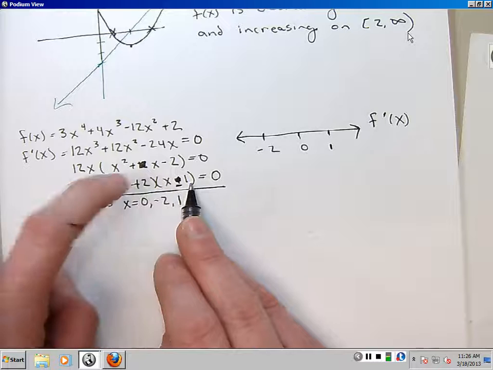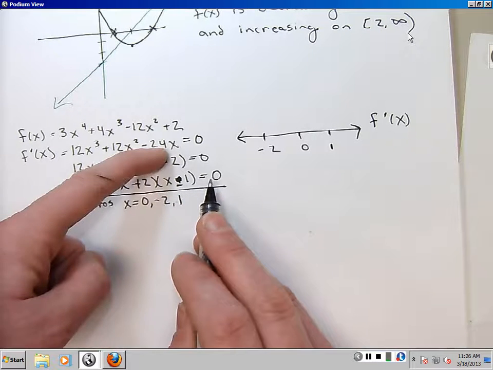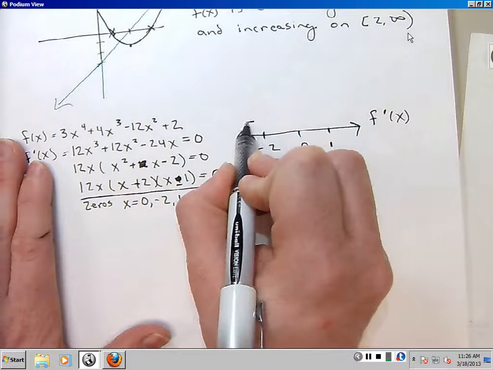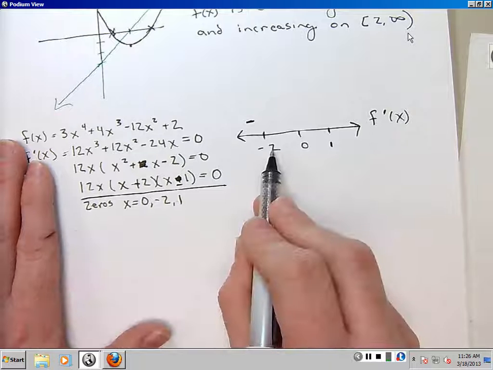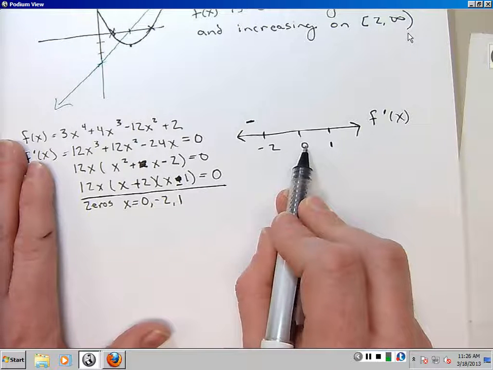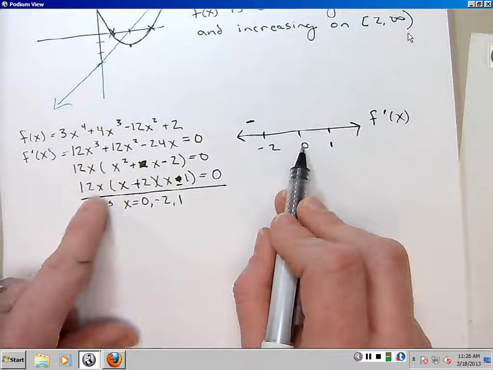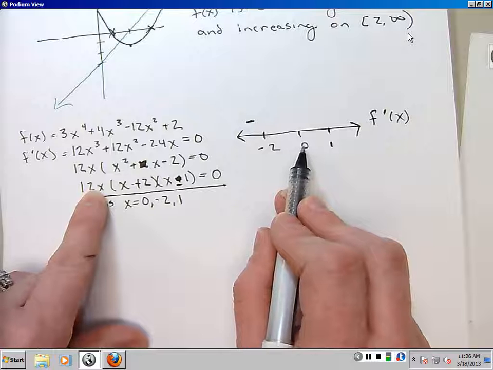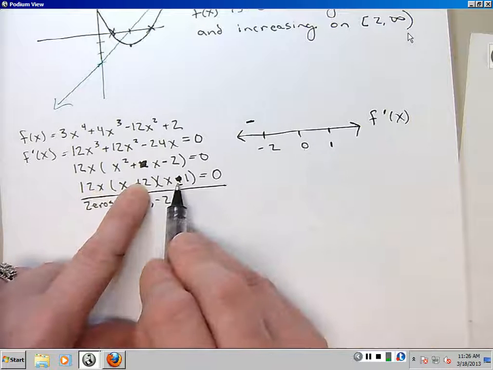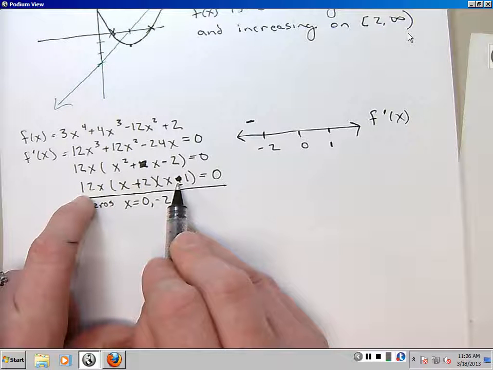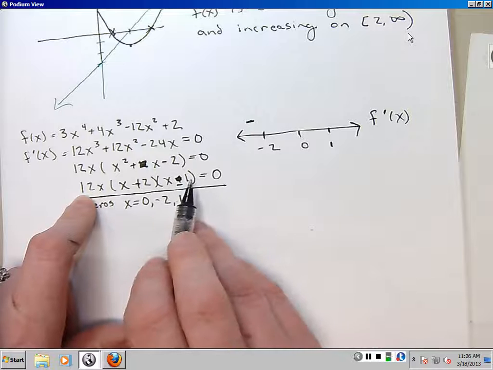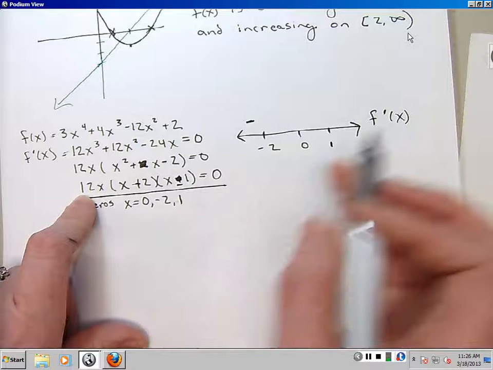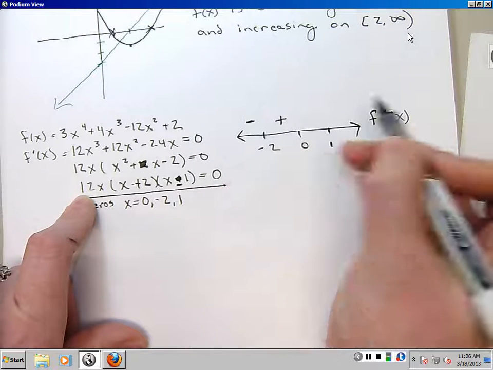So I have negative times negative times negative, which is negative, right? So all this is negative. If I come between -2 and 0, if I plug in -1, I have negative, positive, negative. And a negative times a positive times a negative is positive, right? So then this would be positive.